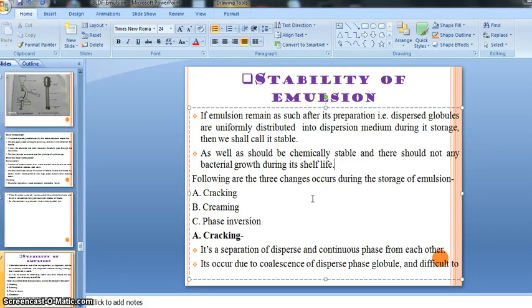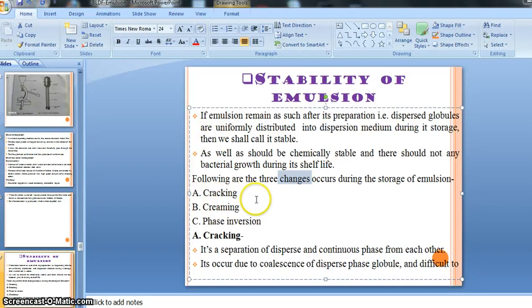But apart from that, there are also some chances of changes occurring during the storage of our emulsion, right.